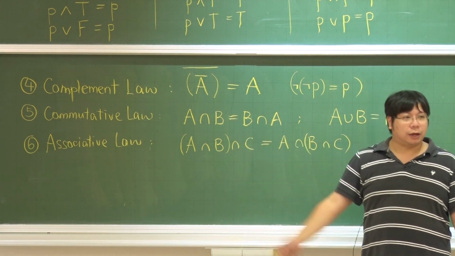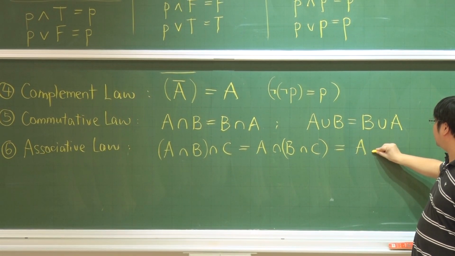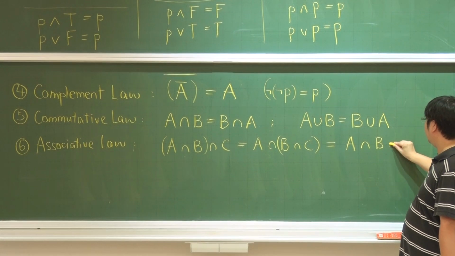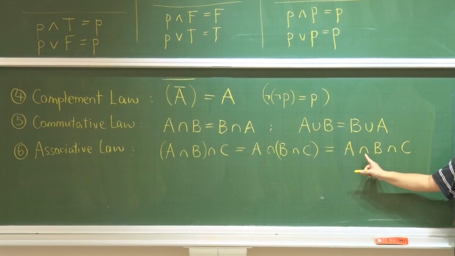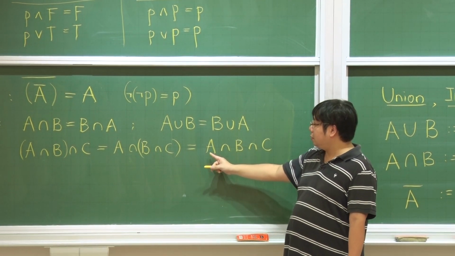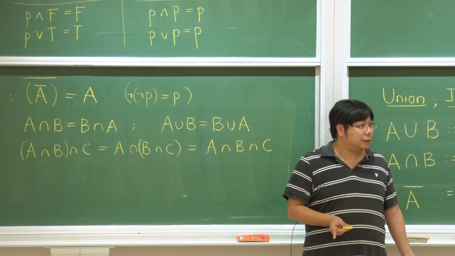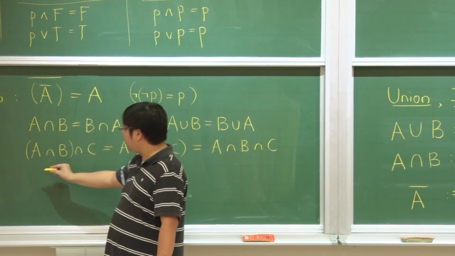So the ordering of this does not matter. And because of this, we can simply write down A intersect B intersect C. So if the symbols here are all the same, you can do these two first, or you can do these two first. It doesn't matter. Okay, and we also have the or.